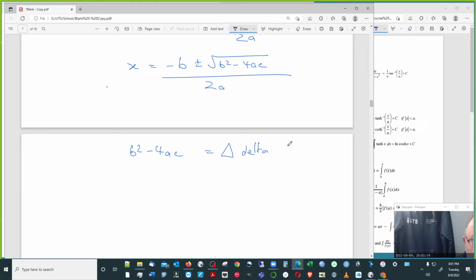Delta is the symbol for discriminant. Now we check the discriminant. If delta is positive, then there are two unique solutions. If delta is 0, then there's a double root. In other words, it's a perfect square.